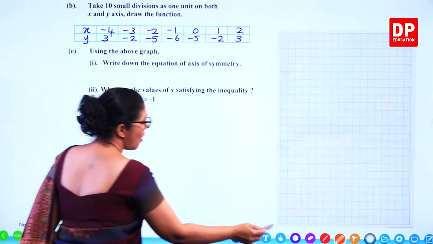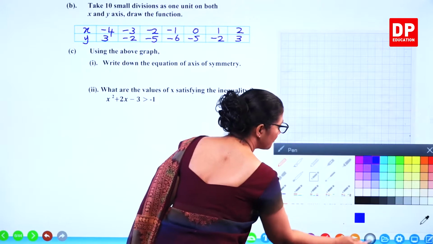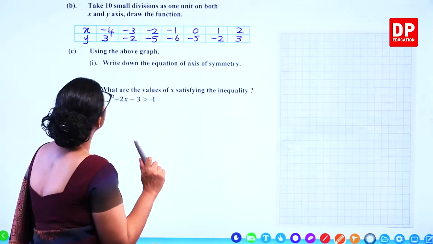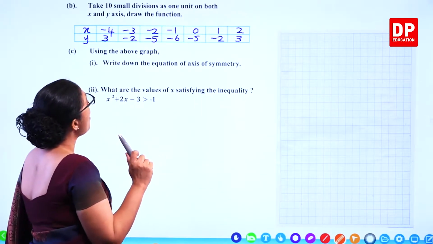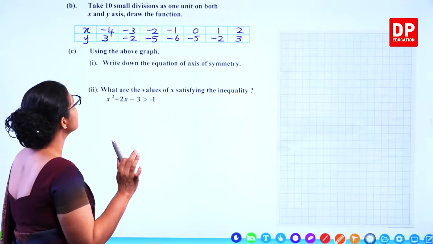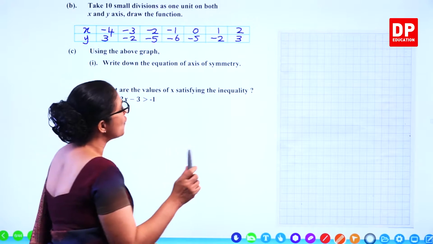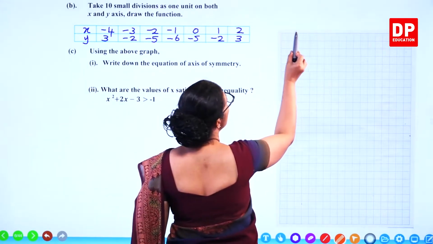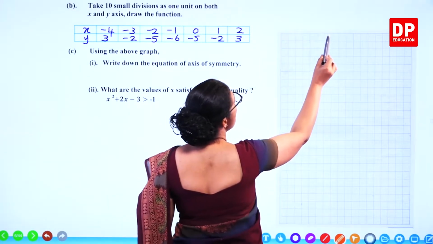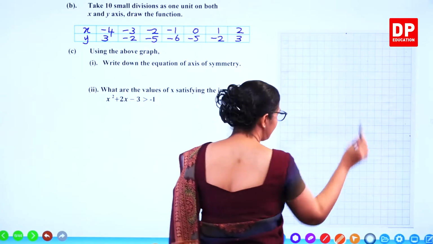You are asked to take 10 small divisions as 1 unit on both x and y axis. Draw the function. So starting from -4. So we have to divide. -4, -3, -2, -1, 0.